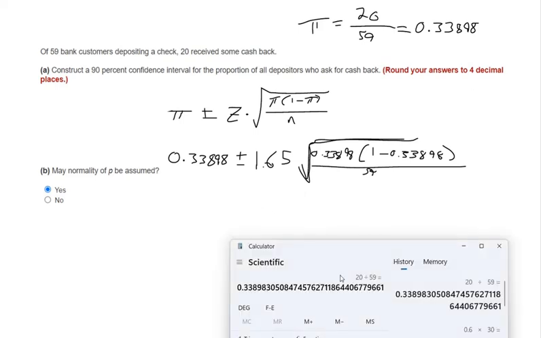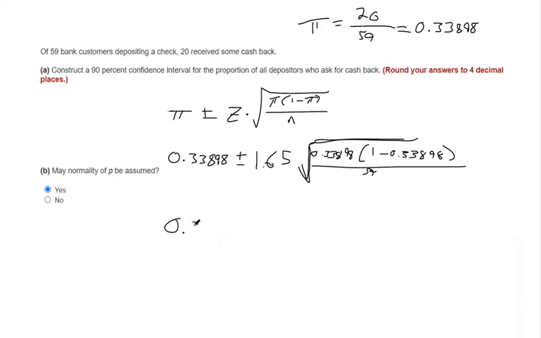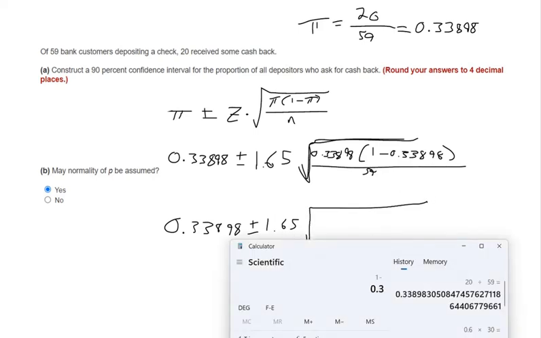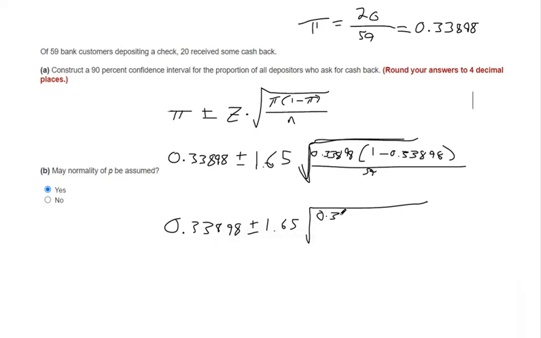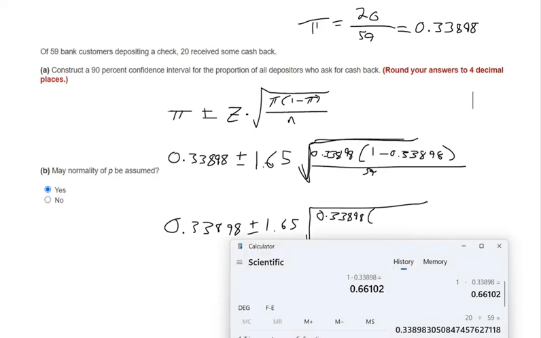So if I was to do this with a calculator, if it's my first time doing it, I'd probably do it step by step because there's some numbers we could drop by accident. So we could subtract those first. That's 0.66102.